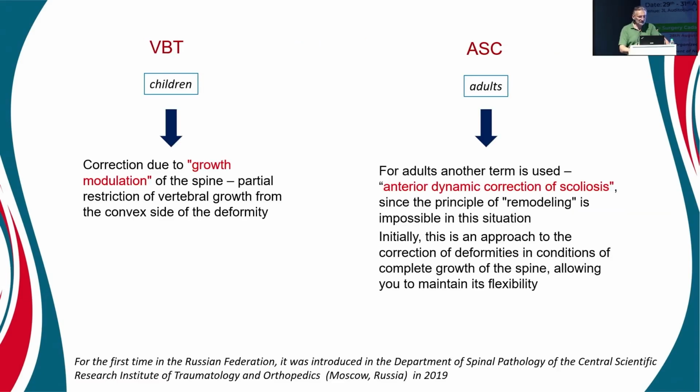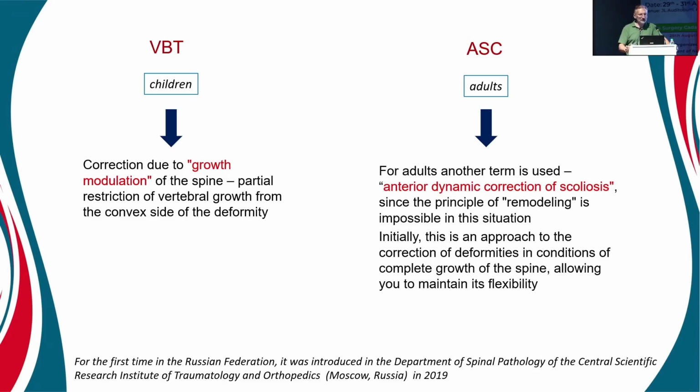Now, regarding dynamic correction, we have VBT technology, which is correction due to growth modulation of the spine, with partial restriction of vertebral growth from the convex side of the deformity. But this technology has a big problem with the cord: about 50% of patients have cord breakage.